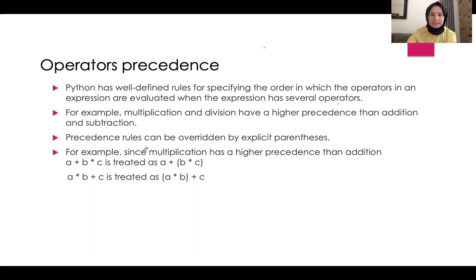Since multiplication has a higher precedence than addition, a plus b multiplied by c can be treated as a plus parentheses b multiplied by c parentheses close. Likewise, a multiplied by b plus c can be treated as parentheses a multiplied by b parentheses close, then plus c.